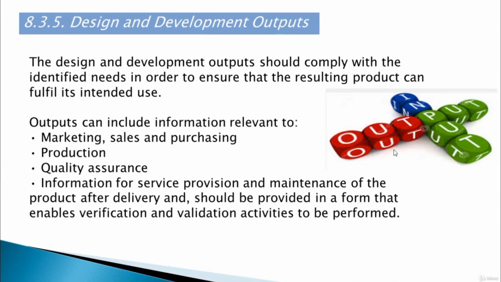Now, outputs can include information relevant to marketing, sales and purchasing, or production, or quality assurance, or information for service provision and maintenance of the product after delivery, and should be provided in a form that enables verification and validation activities to be performed.